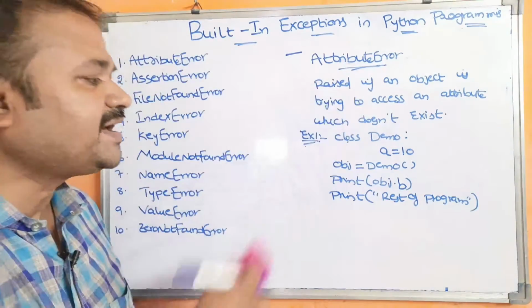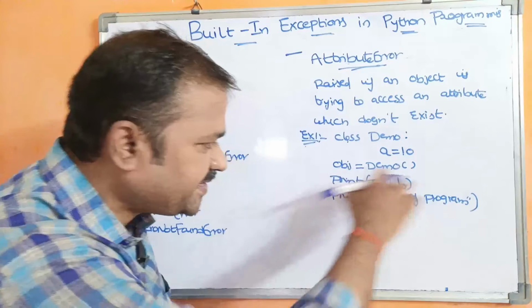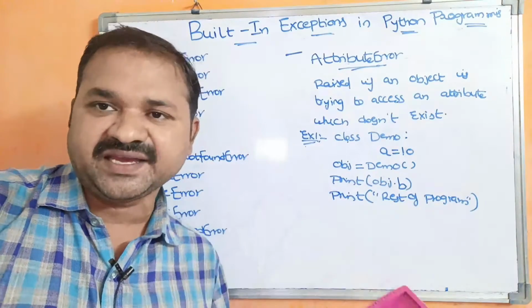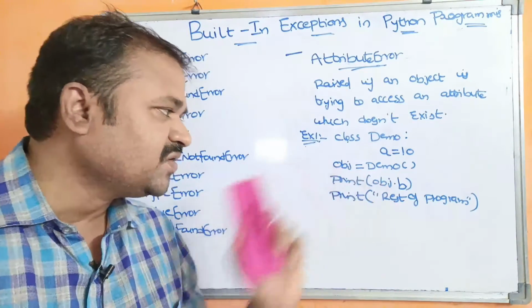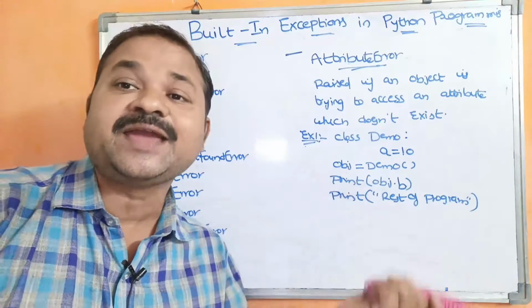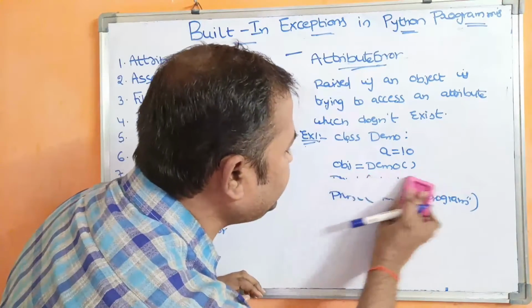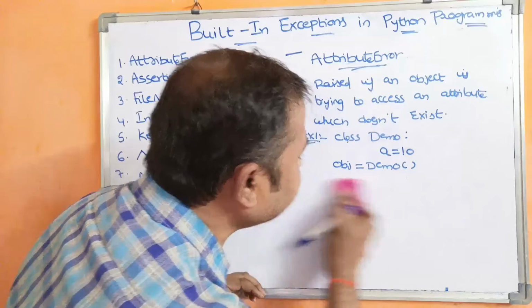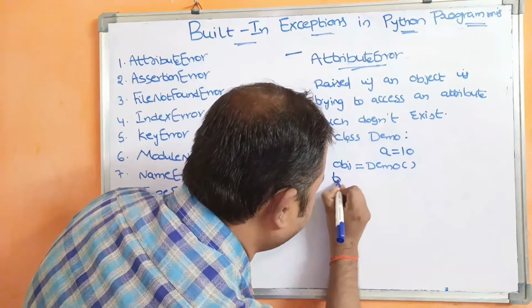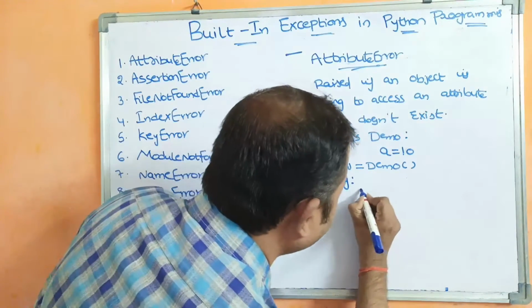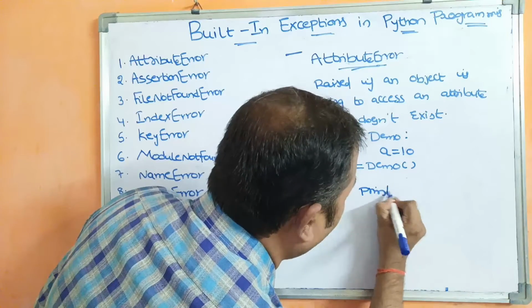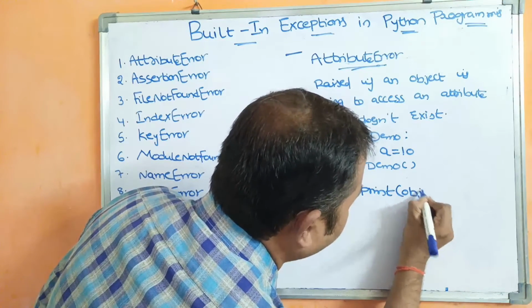Here we got the error message because of the statement print of obj.b. So now we have to place obj.b in a try block. Why? Because the try block contains the list of statements that generate an exception. So try, print of obj.b.